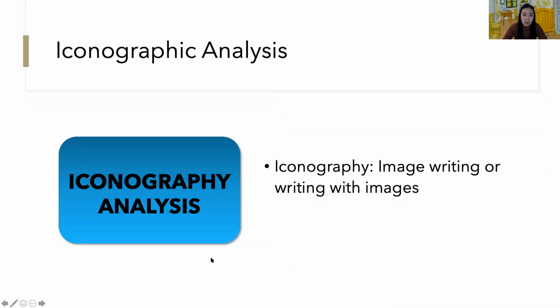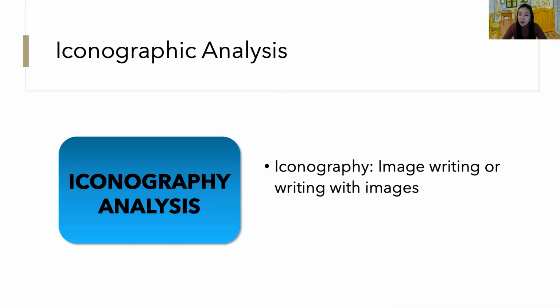And the third analysis is iconography analysis. So iconography examines the visual images and symbols used in a work of art and leads to an interpretation of the work's meaning.